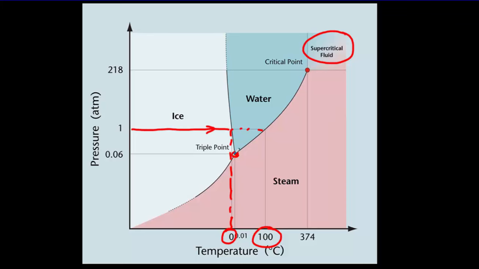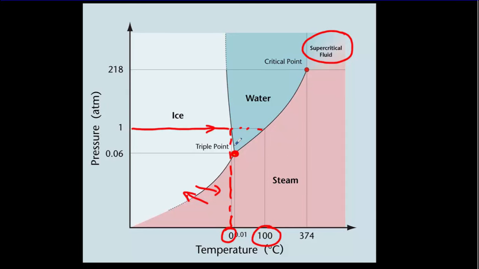Triple point is right here. So along this line here we'd have an equilibrium between sublimation and deposition. Gas changing into solid at the same rate that solid is changing into gas. So along this line here we've got an equilibrium between melting and freezing. Along this line we've got an equilibrium between boiling and condensation.